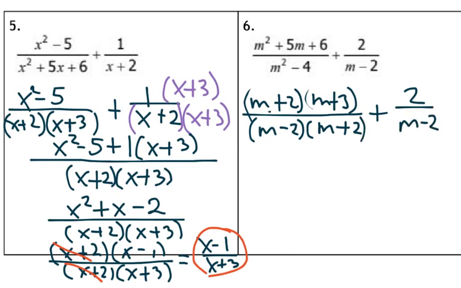So notice that the first denominator has two factors, m minus 2, m plus 2. The second fraction has only m minus 2. So we need to multiply the second fraction by the missing factor of m plus 2. Okay, let me fix that.